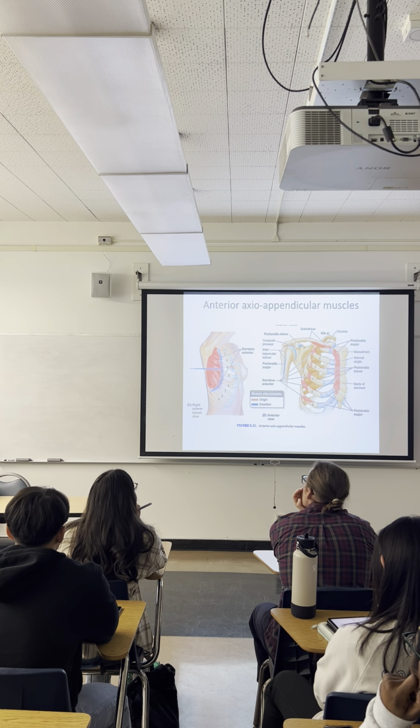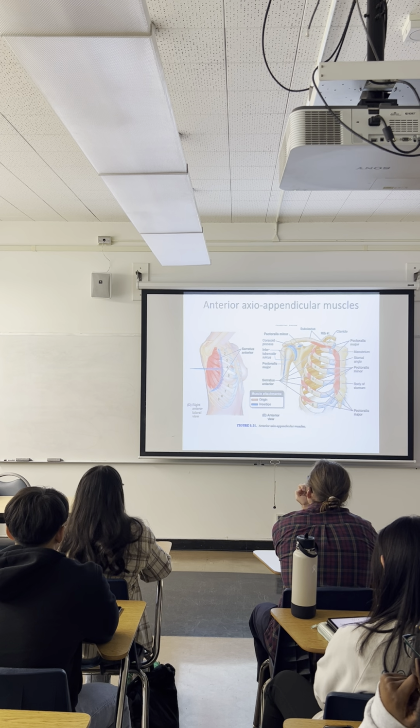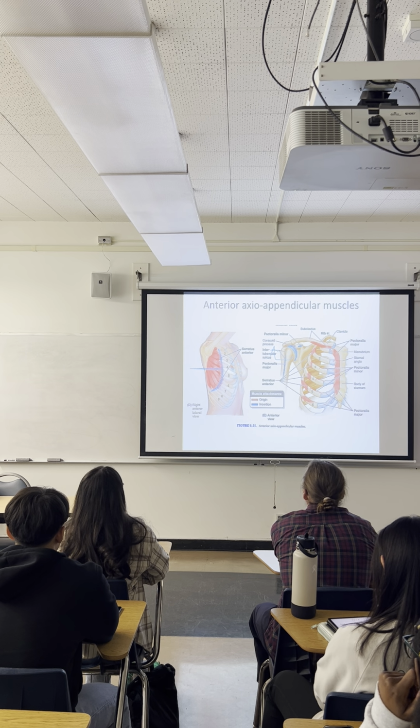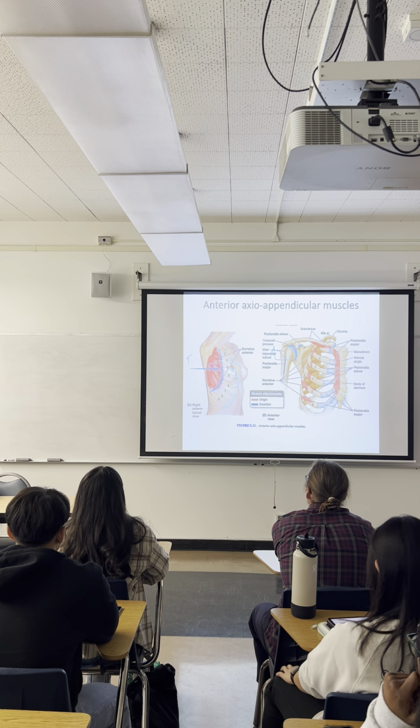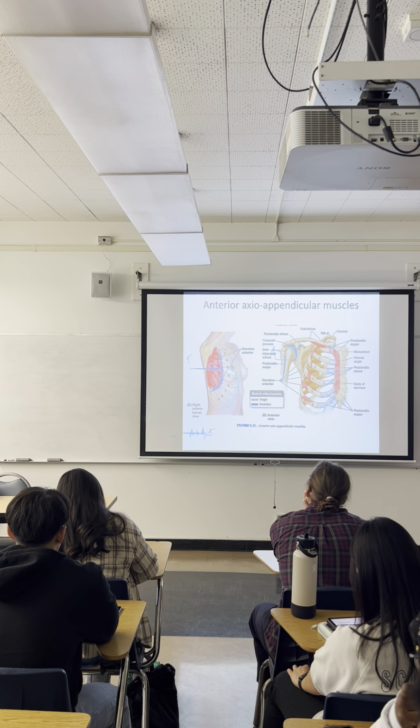And why is that? Because that abduction of the upper limb, it's not just due to the head of the humerus rotating within the shoulder joint. It's actually due to the whole scapula rotating. And if you want to rotate the whole scapula, you need serratus anterior in front and trapezius in the back to do that. So to summarize, you want to abduct the upper limb.